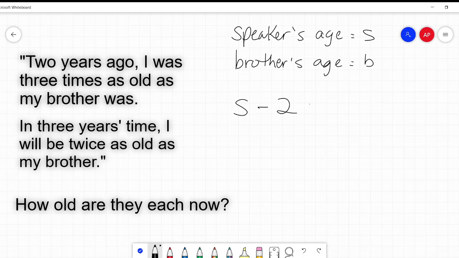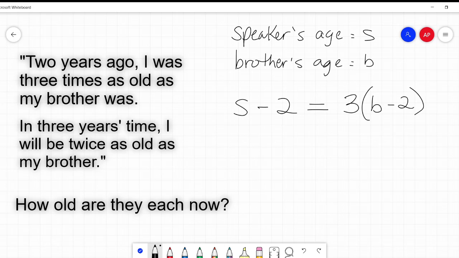So 2 years ago I was 3 times as old as my brother was. Is that 3 times B, the brother's age? No, because this was 2 years ago. So it's 3 times B minus 2.